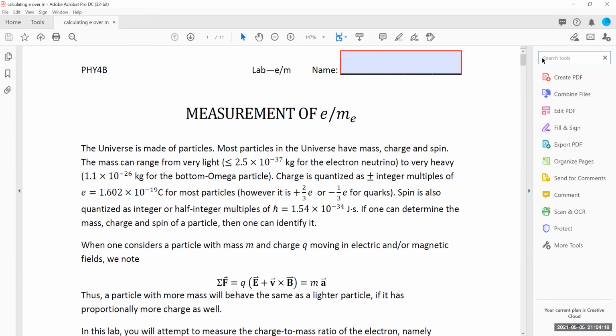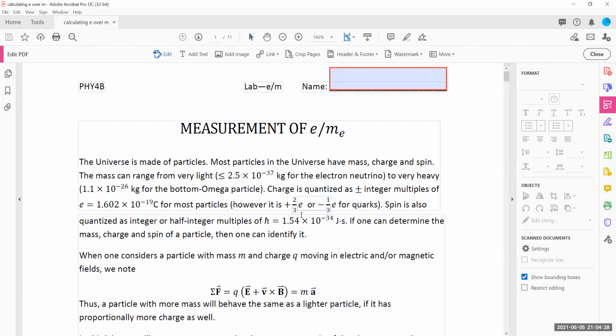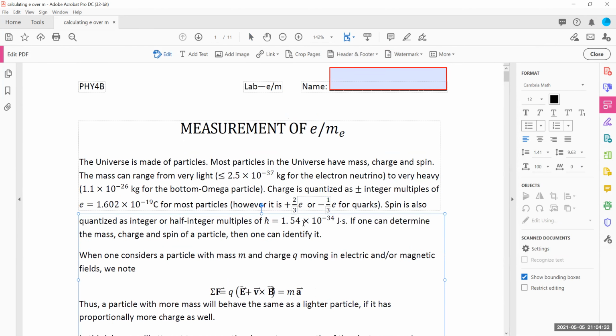What is it? Text editing, text tool. Edit. So this number is 0.054, by the way. There is a 0 missing in here.